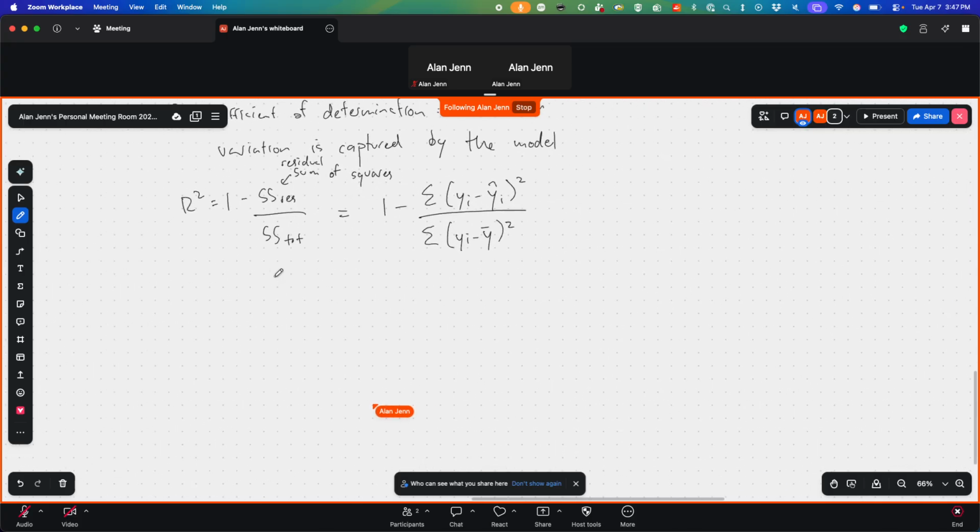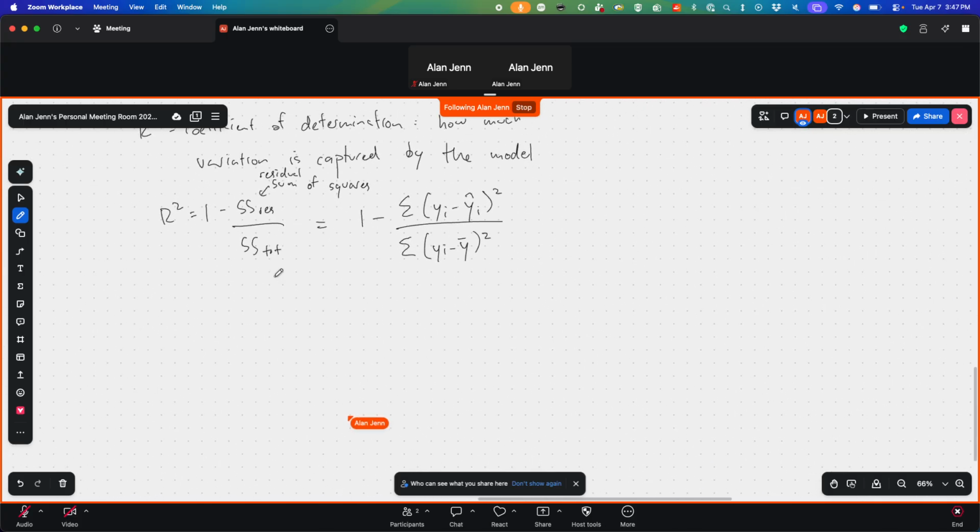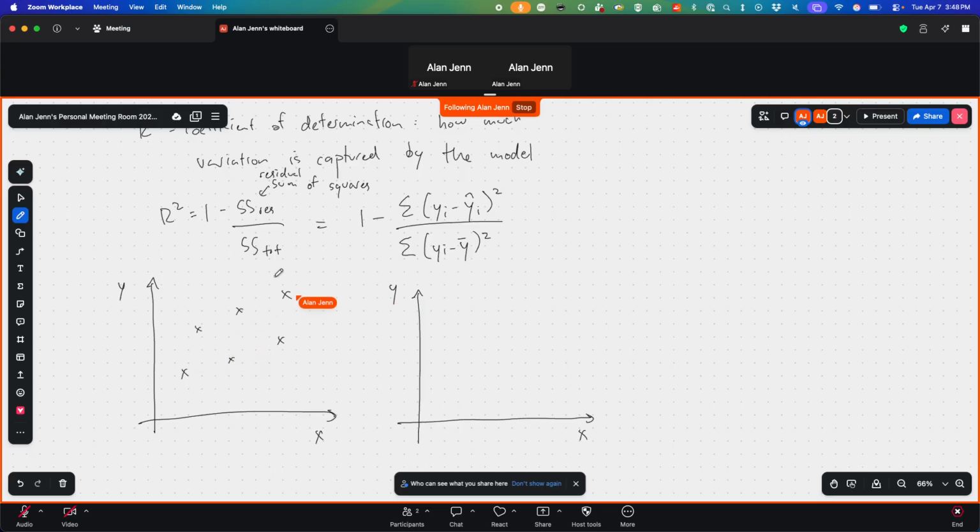Let me explain this in a little bit more intuitive way. So we have our x's and y's. And all the R-squared is really doing is comparing, what if I just took the average value of y?